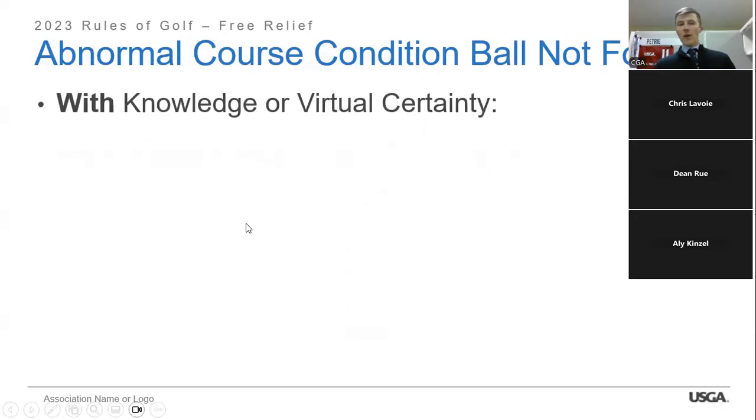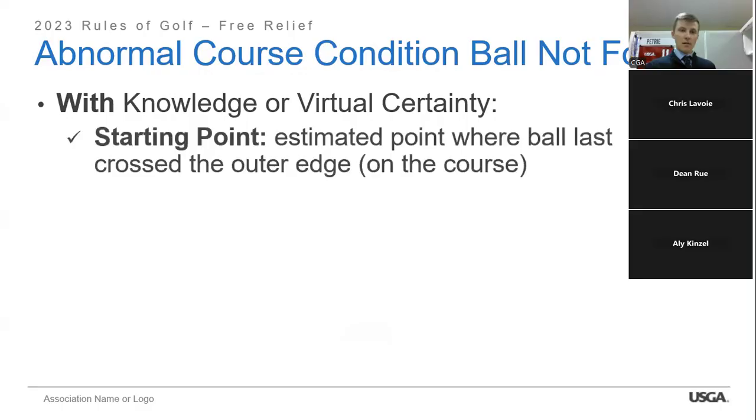So what happens if we can't find our ball? Very similar to what we talked about earlier with movable or immovable obstructions. We need to have that knowledge or virtual certainty, and we're going to estimate where that ball last crossed the outer edge. So same idea.